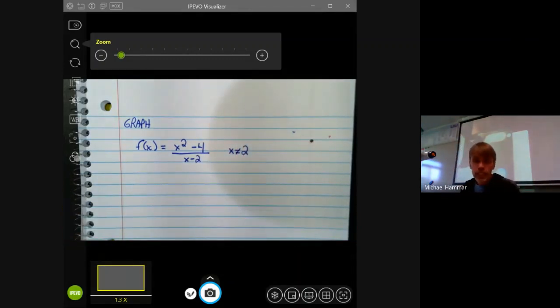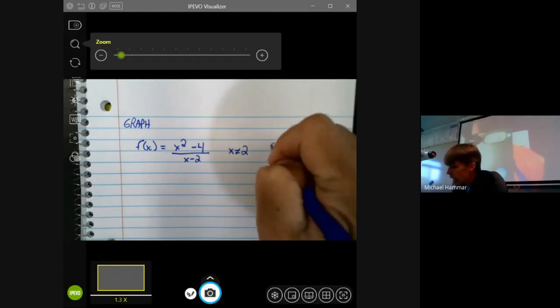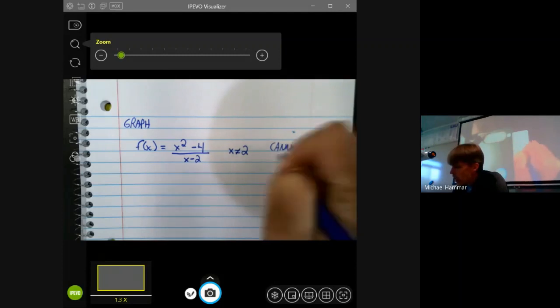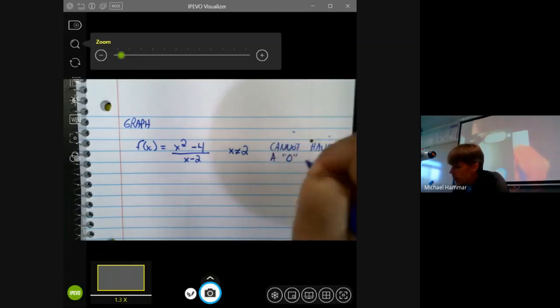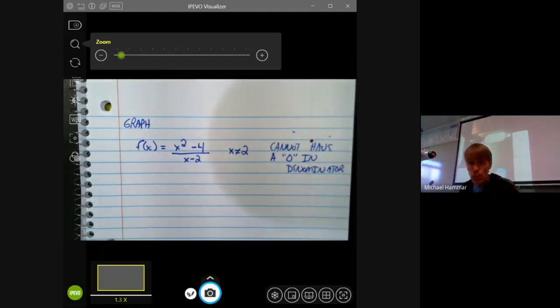Now remember from algebra to pre-calc, x cannot be equal to 2 here because you cannot have a 0 in the denominator. So we are going to exclude x equals 2.